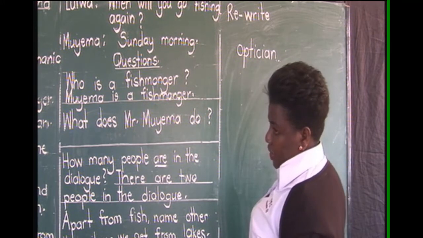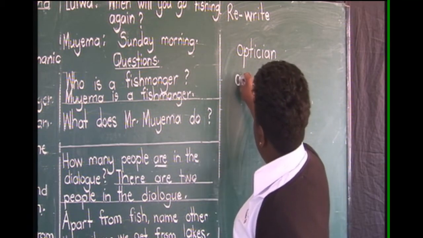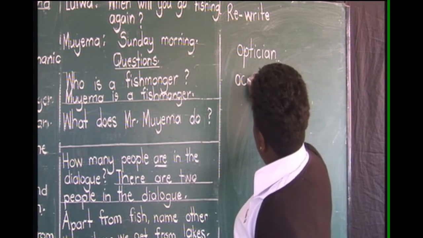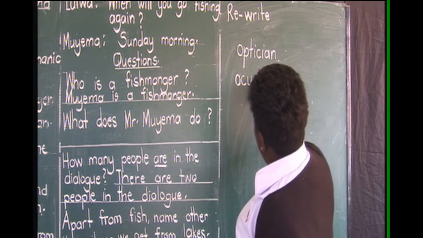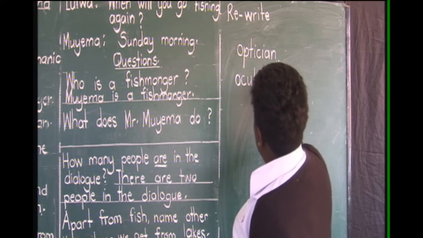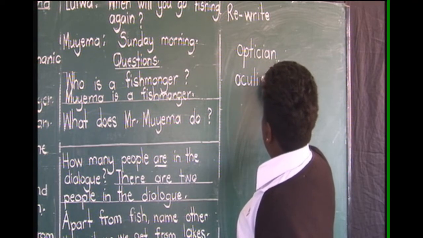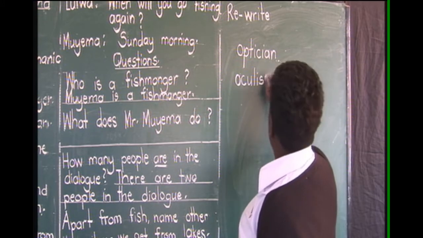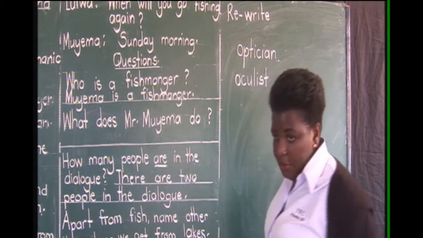So we have optician, and we have the word oculist. When you go to P5, P6, they will tell you another word to mean the same as oculist. I'm not going to talk about it now because it may confuse you.